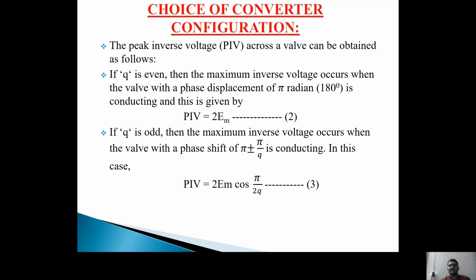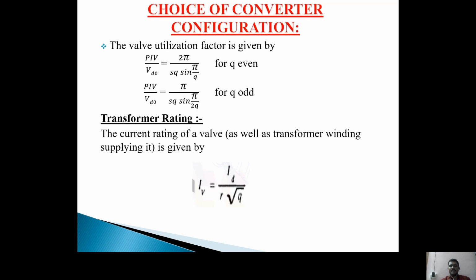The valve utilization factor is the ratio of peak inverse voltage to the DC output voltage, that is Vd0. The valve utilization factor is given by PIV/Vd0.